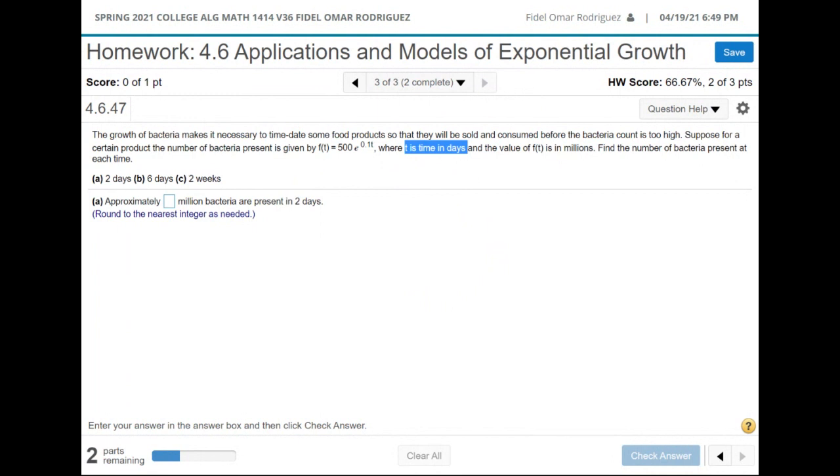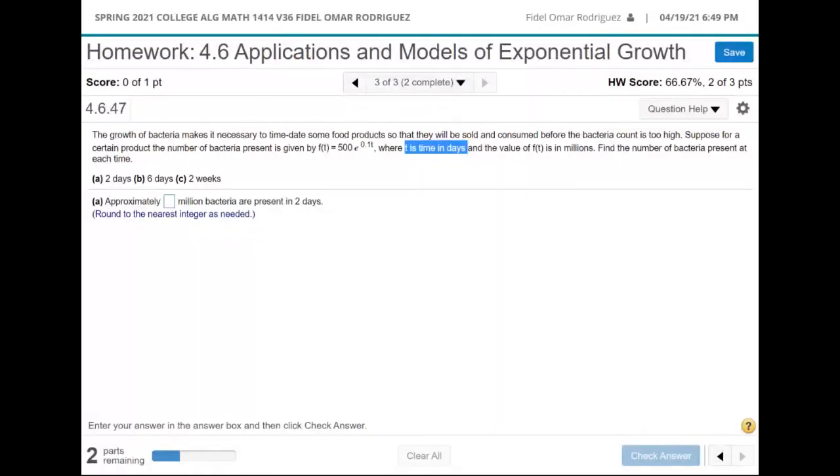I'm just going to put a 2 where my T is. And when I do part B, it says 6 days. I'm going to put a 6 where my T is. What would I put for part C if part C says 2 weeks? What value of T would I use if T is my time in days? Anybody know? What value of T would we use for 2 weeks?